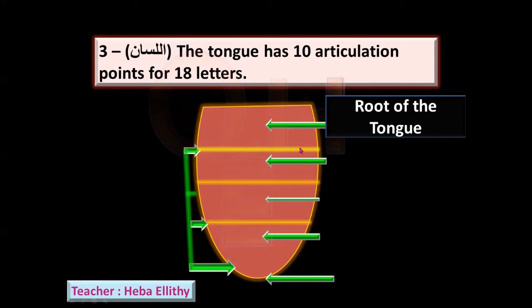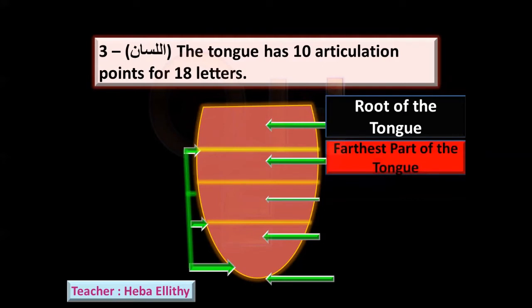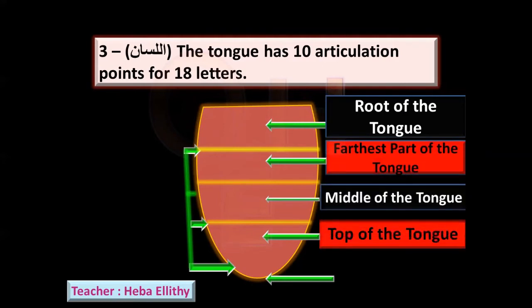This is closest to al-halq, the throat. Our tongue starts from here, so there are 10 articulation points from this yellow line. We have the farthest part of the tongue here, the middle of the tongue here, and the top of the tongue here.